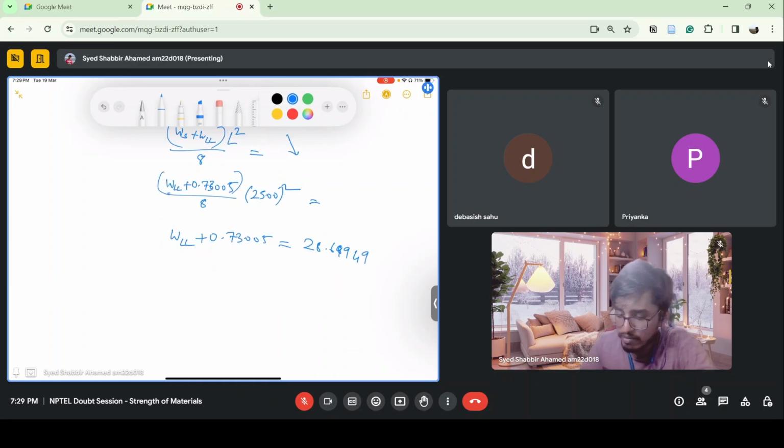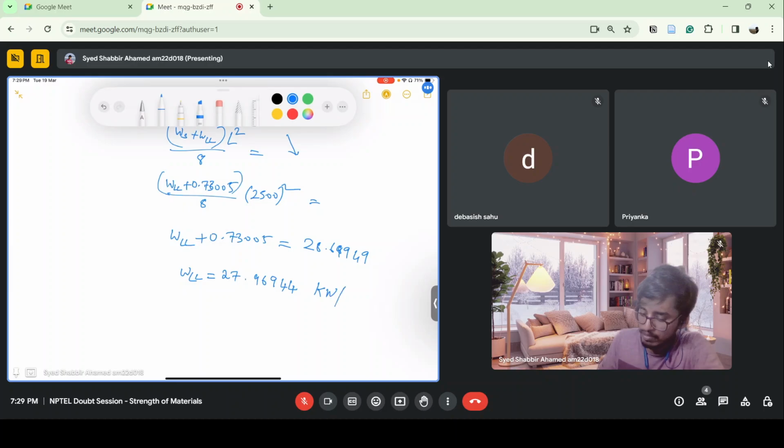So the maximum live load that can be applied on this square cross section beam is this, in kilonewton per meter.